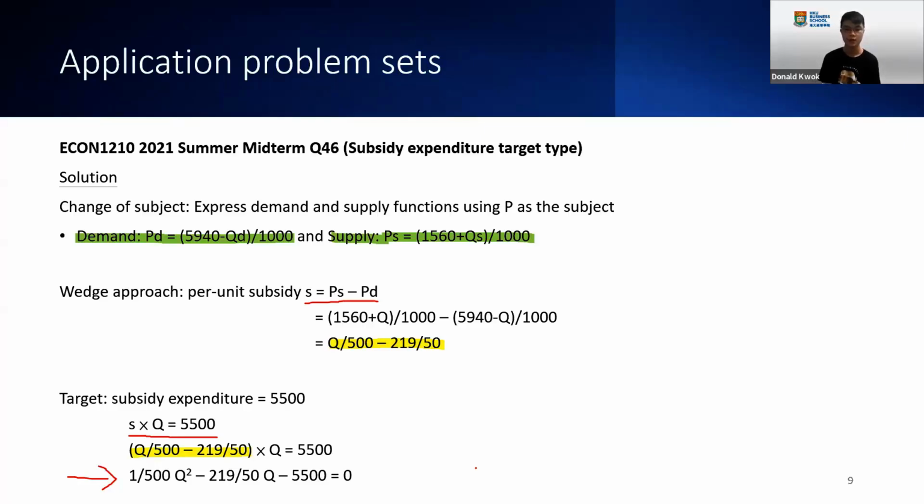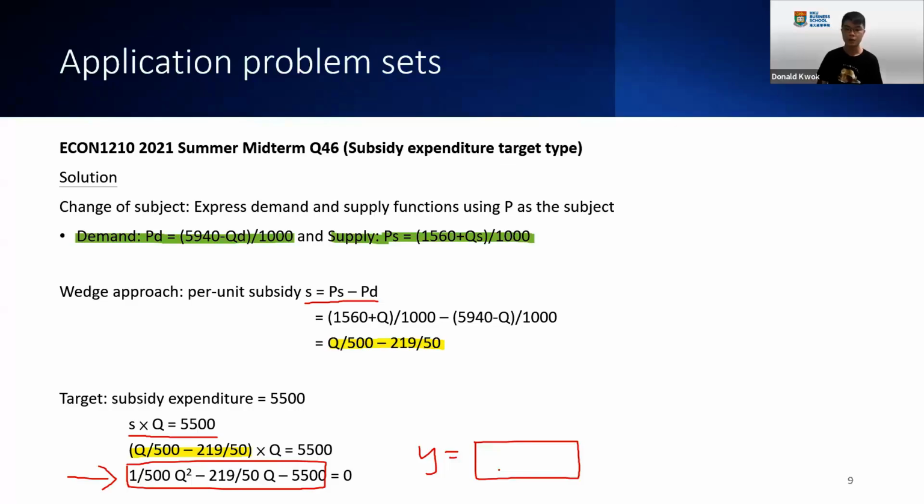I will demonstrate the graphical method so that we can simplify our mathematical calculations. To solve this quadratic equation, I can plot the quadratic graph of y equals the left-hand side here, replacing Q by x.